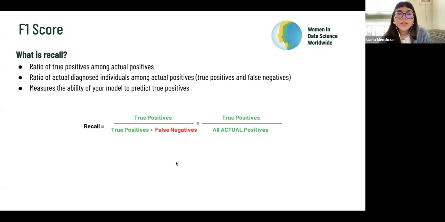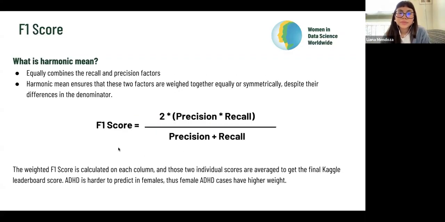And then following this, both recall and precision are combined through something called the harmonic mean. So what is the harmonic mean and why is that the metric? The harmonic mean combines these two factors in order to determine the F1 score. Precision measures the accuracy of positive predictions, while recall, on the other hand, measures the ability of your model to predict and/or identify true positives.